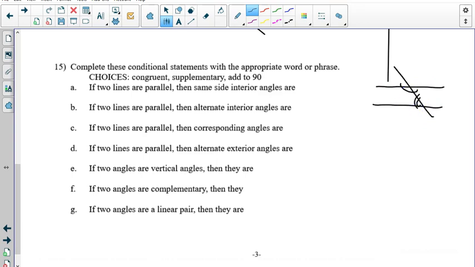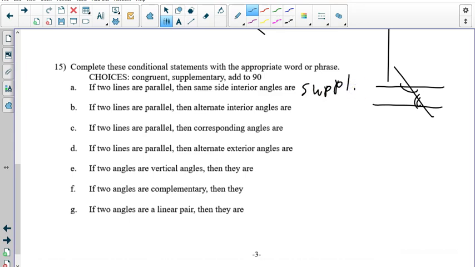So look at them. One's acute, one's obtuse. So they are not the same. The obtuse one is already bigger than 90, so the only choice left is supplementary. They add to 180.